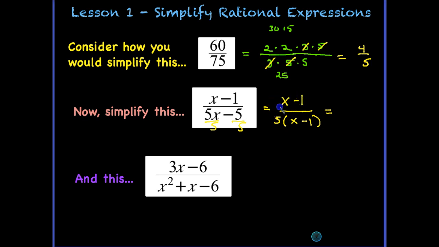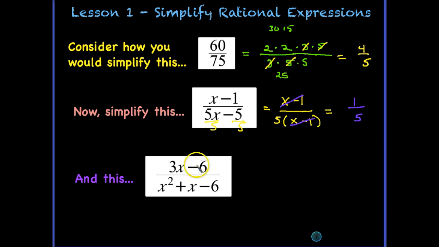But I can cross off the entire x minus 1 in the numerator and the entire x minus 1 in the denominator. So what's left? Well, if I've crossed off my entire numerator, then I'm left with a 1. In my denominator, I'm left with a 5. So this rational expression with 2 polynomials simplifies into 1 over 5.